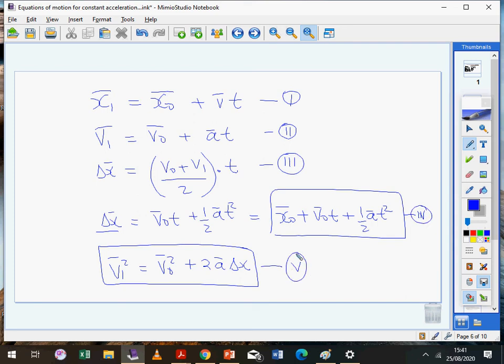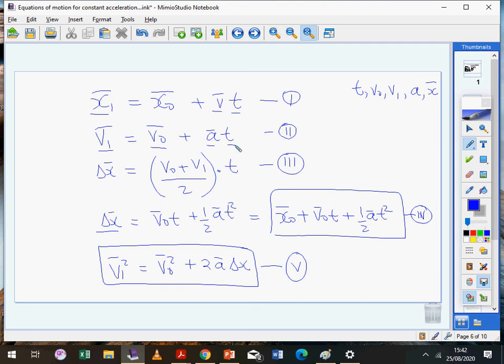Now, if you look at them, there's a quantity missing in each of them. We have 5 quantities: time, initial velocity, final velocity, acceleration, and displacement. And each equation has at least 3 of them. So equation 1 has displacement, velocity, and time. The second equation has initial velocity, final velocity, acceleration, and time.